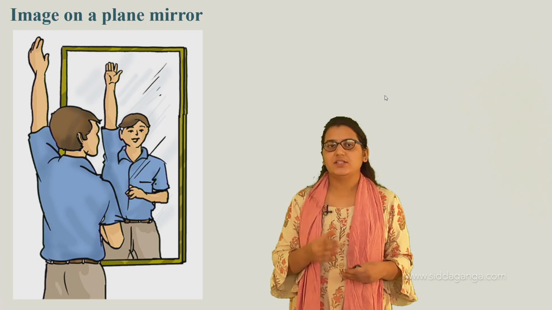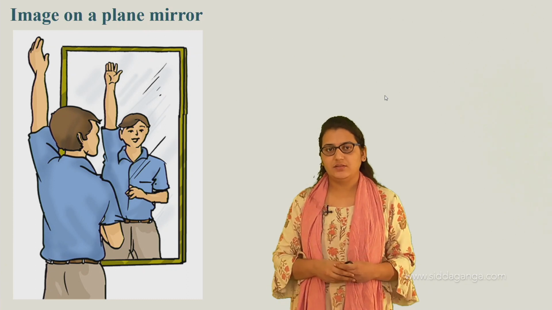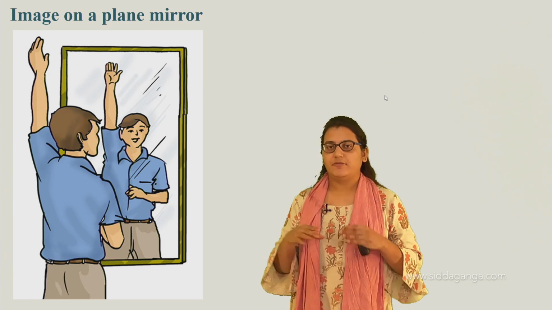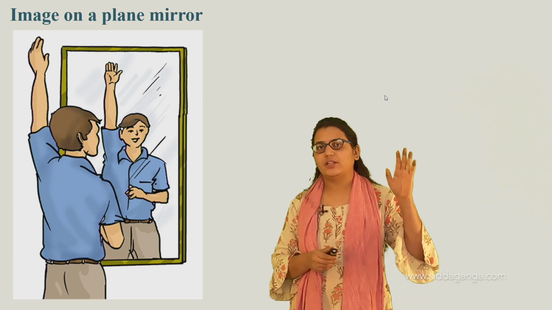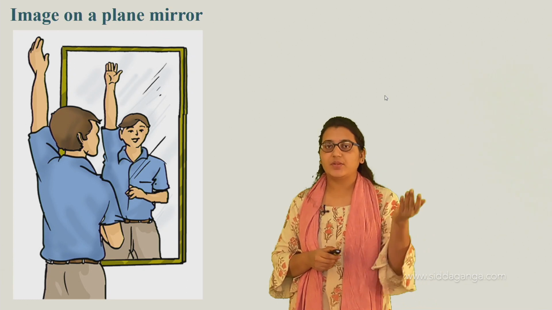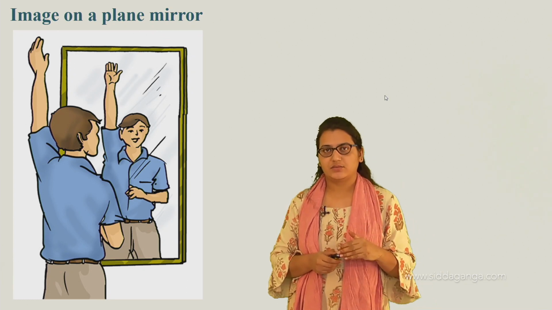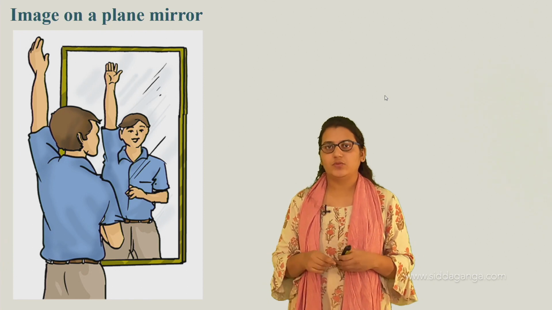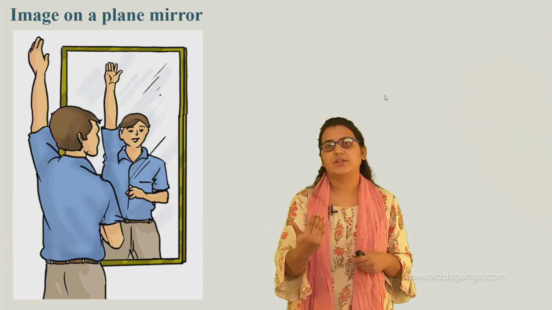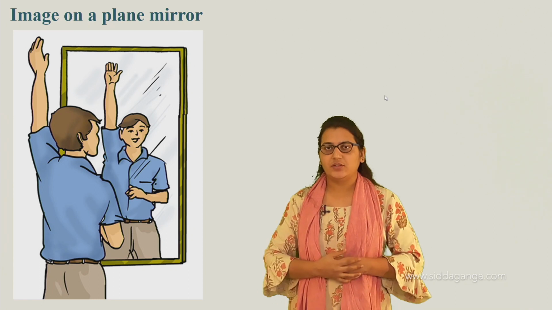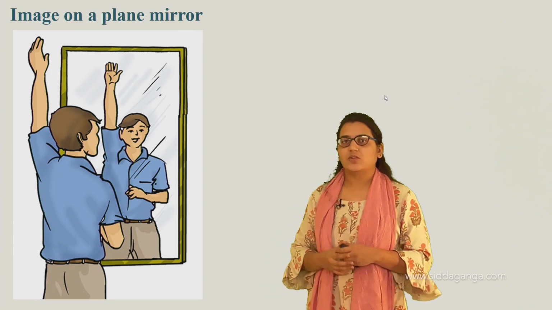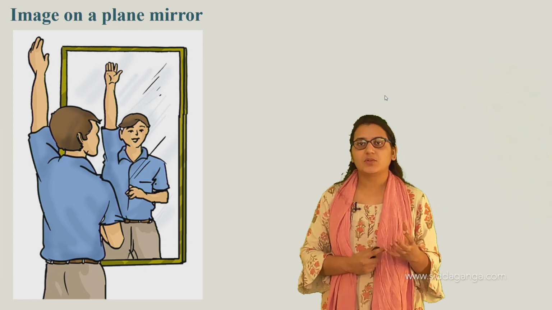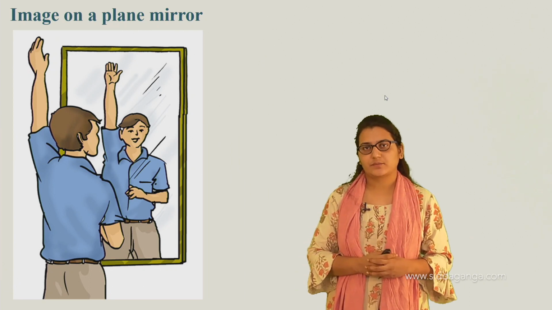When you lift your left hand in a plane mirror, it appears to be the right hand in the mirror. It appears the opposite. If you lift your right hand, it appears as if you are lifting your left hand. So the images formed in a plane mirror are the opposite of the real images.